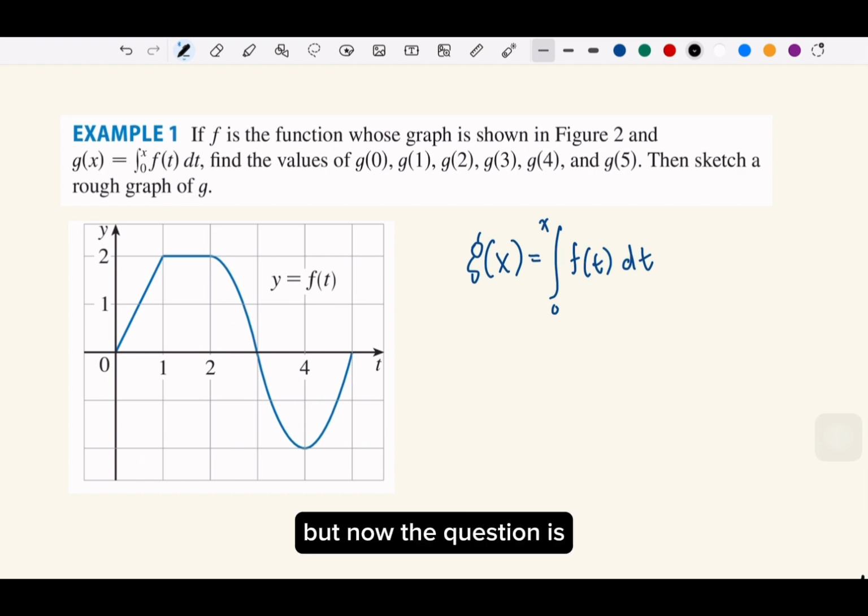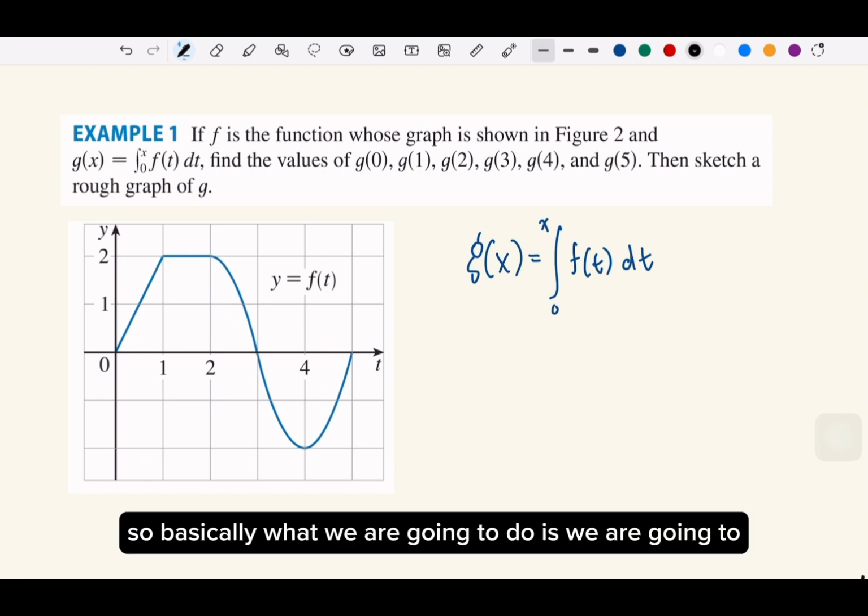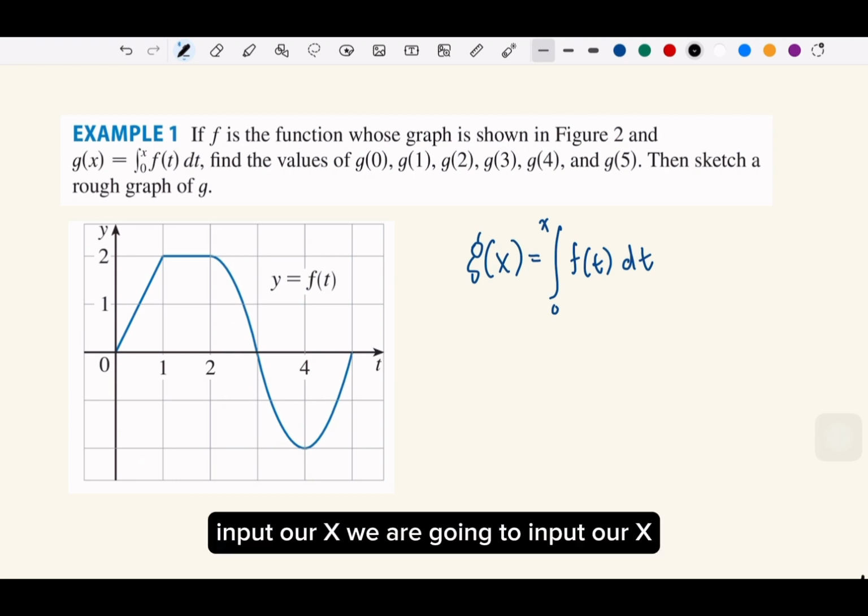But now the question is, if we want to find the values like g of 0, 1, 2, 3, 4, and 5, and sketch a rough graph of g. So basically, what we are going to do is input our x.